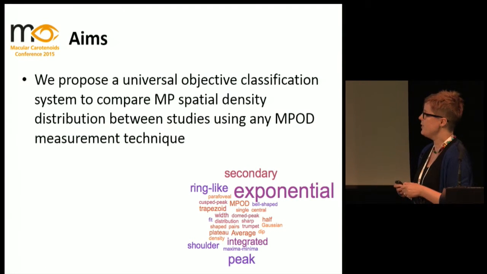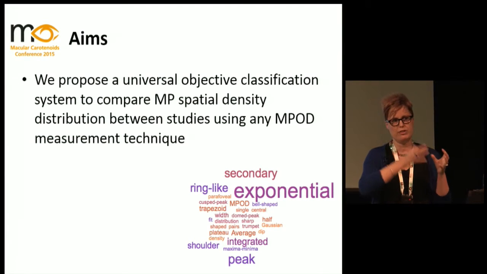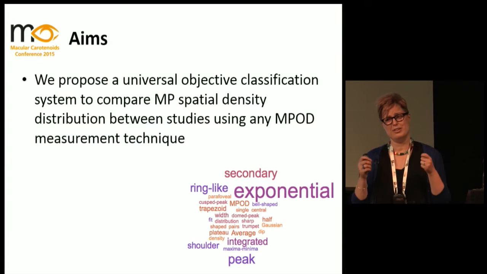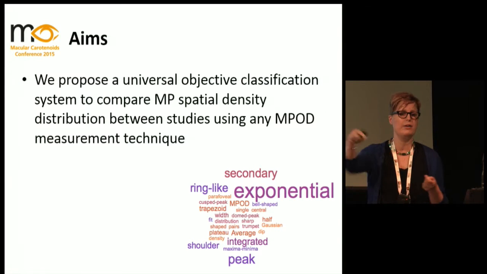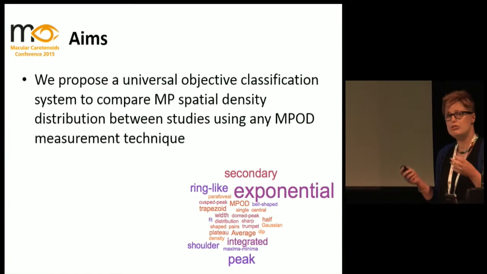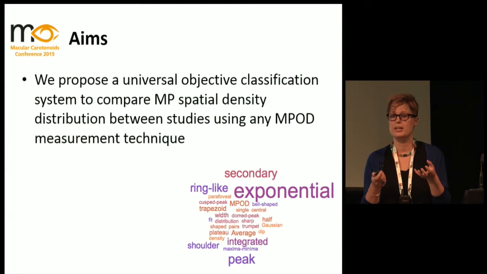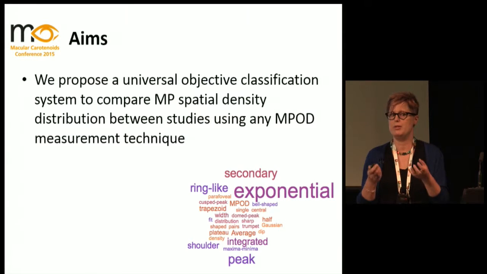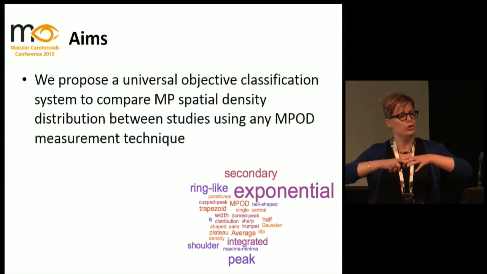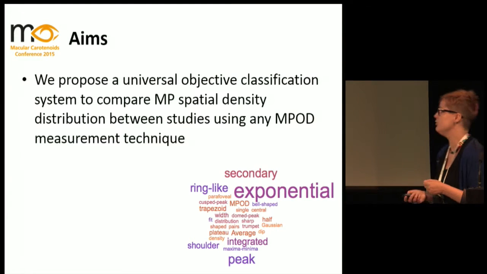I think it's very important if we want to look at change of macular pigment over time, but actually more importantly if we start comparing our results between studies. And it shouldn't really matter which macular pigment technique we're using. We should really try to come up with some sort of unified consensus as to how to report this in the future.